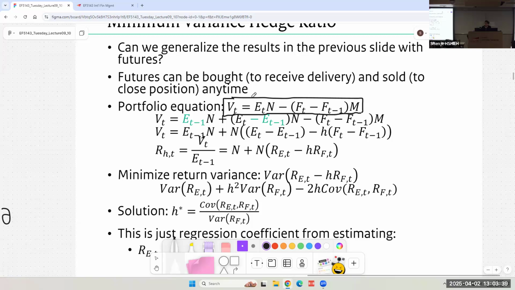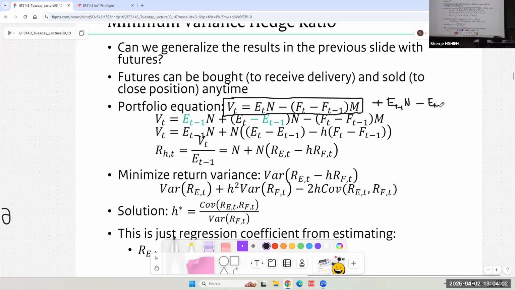Now the trick here to rewrite everything in terms of returns is to add plus ET-1 times N and minus ET-1 times N. So plus ET-1 times N minus ET-1 times N. This is just 0, right? This is a trick you must have seen in your algebra class a lot, right?